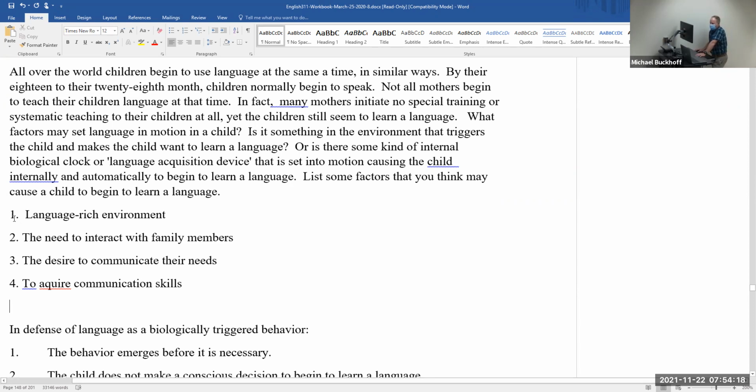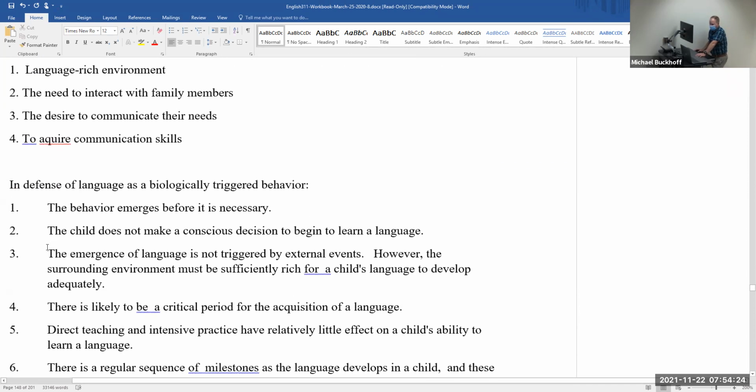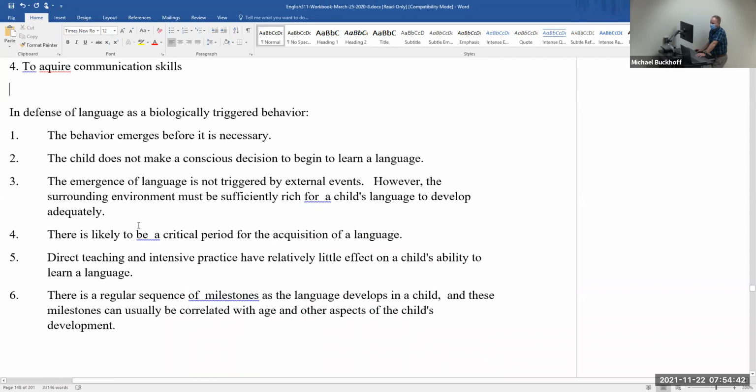Okay, so in addition to looking at language as being environmental, there's research out there that looks at it as a biological behavior, something that kind of starts, and it's not a conscious thing in many cases. So it says, in defense of language as a biologically triggered behavior, thinking about these ideas for a minute.